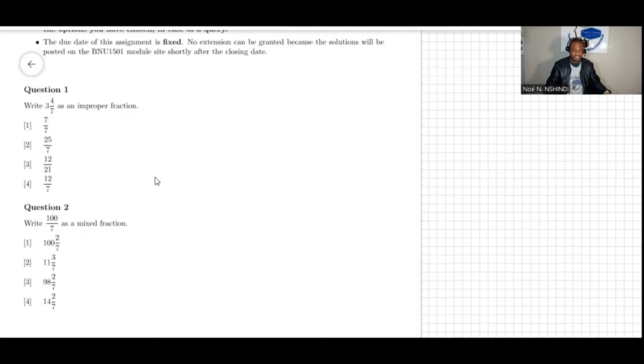Question 1 says write 3 4/7 as an improper fraction, and question 2 says write 100/7 as a mixed fraction. Let's first talk about the two of them separately. What is an improper fraction?